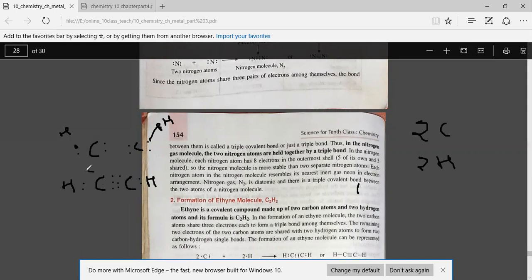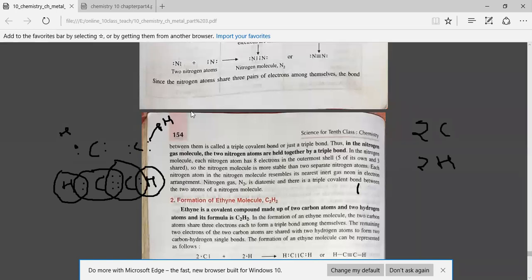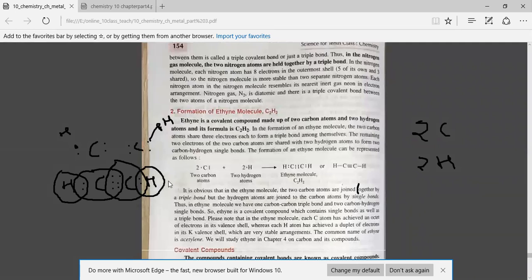So this carbon has completed the octet, one, two, three, four, five, six, seven, eight, and this one also has completed the octet, and this hydrogen has completed the duplet, and this hydrogen has completed the duplet. Okay, so draw this, and write this under the heading.